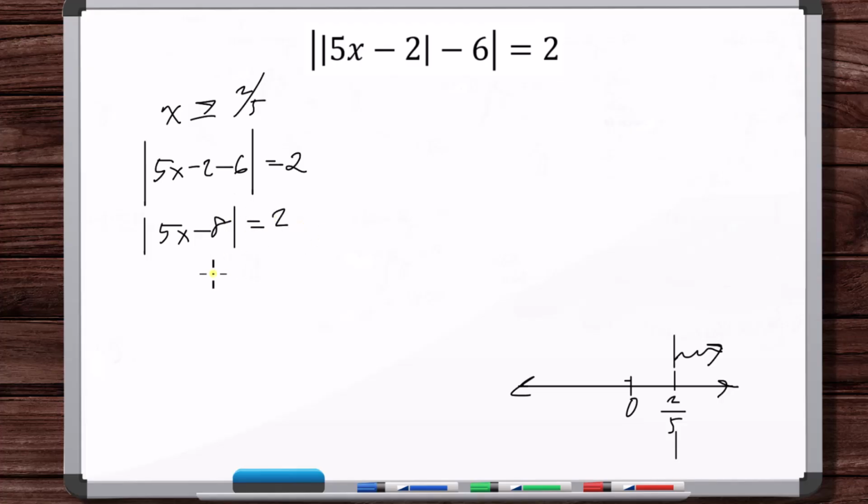Now let's solve this. This crosses over at 8/5. So there's the boundary, and the interval we're dealing with is x greater than or equal to 2/5, so we're going to need to consider both.